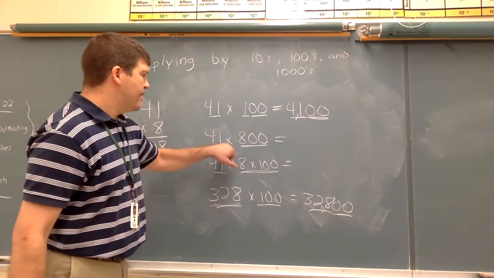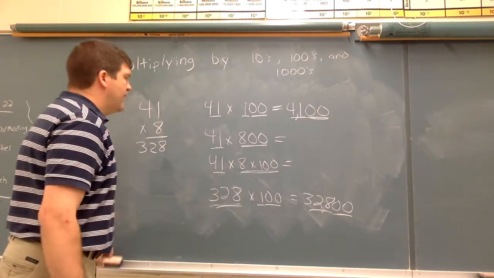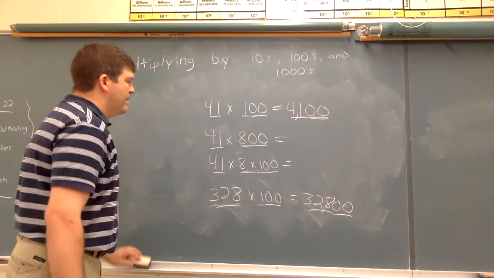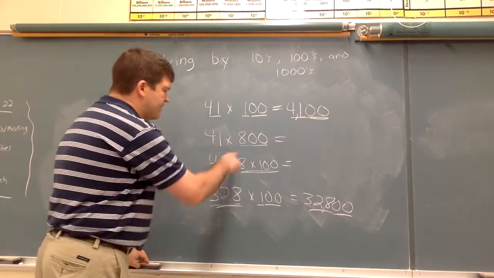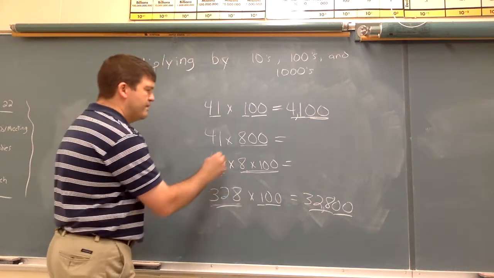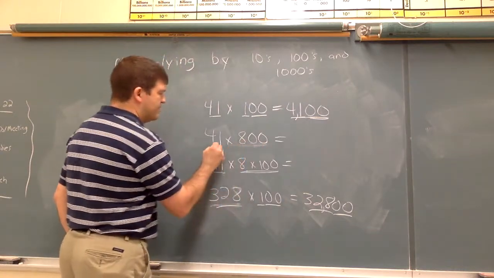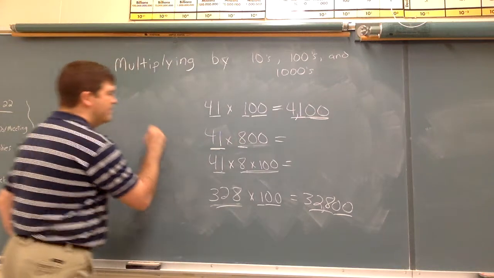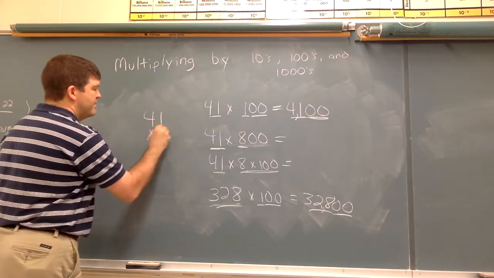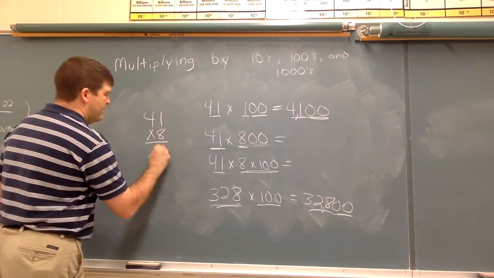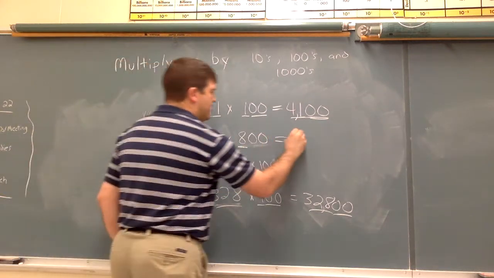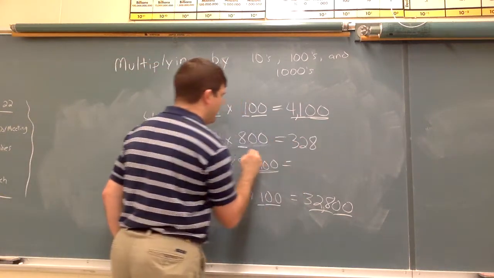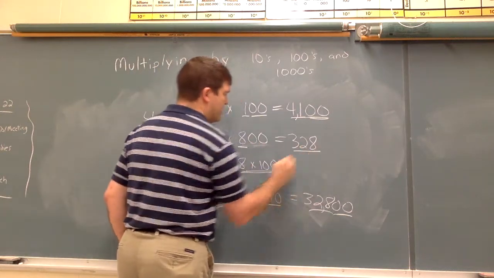Which, if I come back up here, I could do, this kind of adds a step doing it this way. If I look at this as just 41 times 8, that's 8, that's 32, 328, that times that equals that.